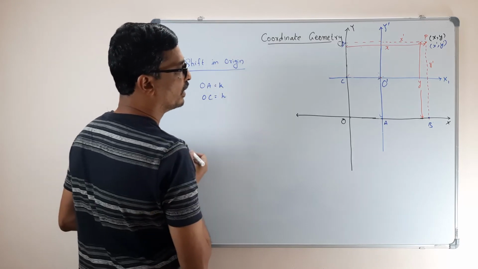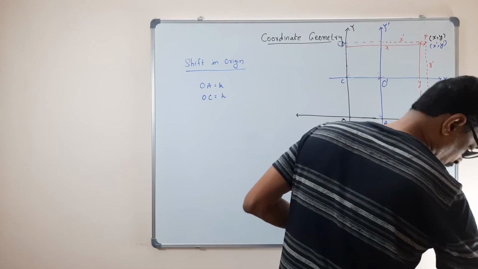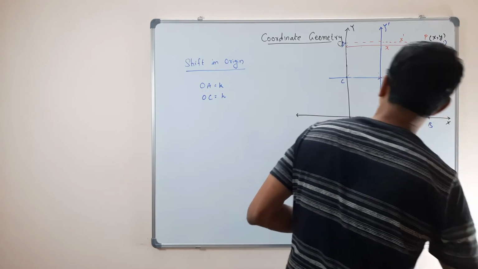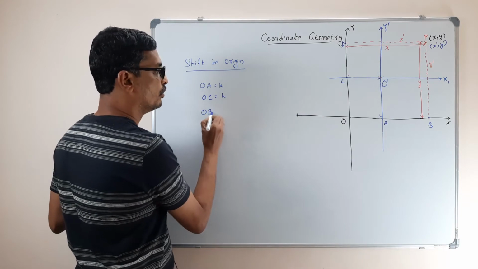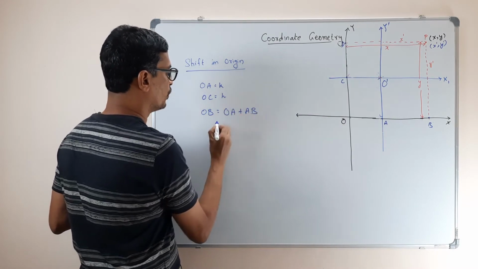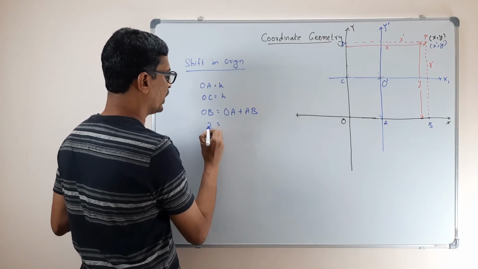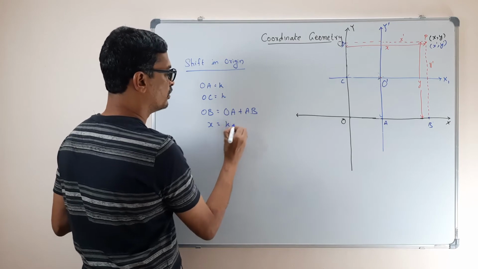So then OB equals OA plus AB. So OB, that is your X, equals OA, which is K, plus AB.